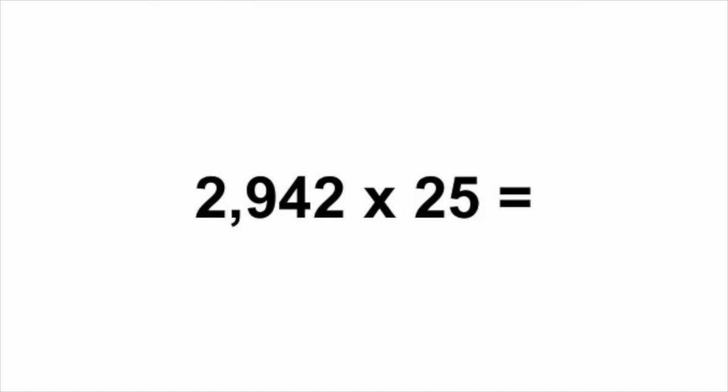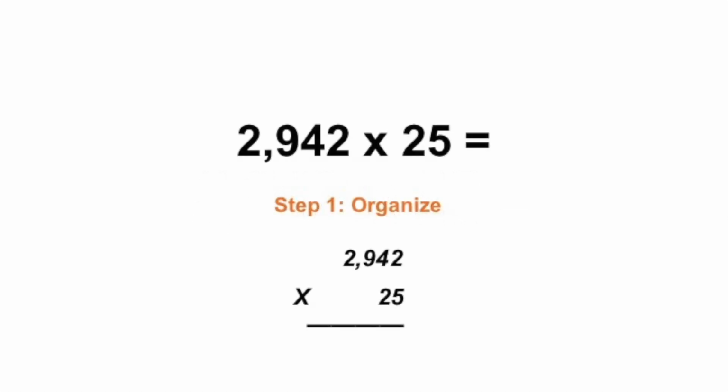So, our first sum, guys, what can we see? 2,942 times 25. Okay, so let's take a look. First thing we need to do is organize. So we write our multiplication table like this. And as we always do, we start with the ones.